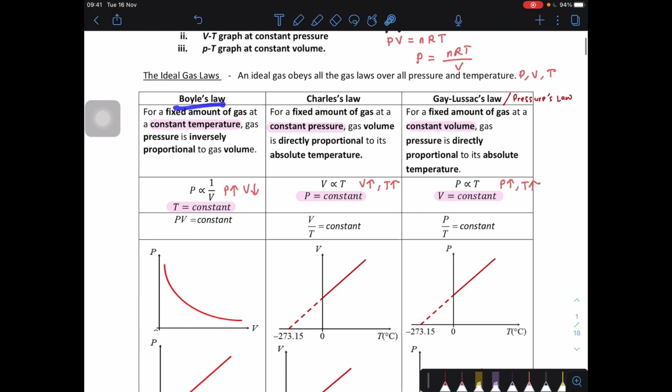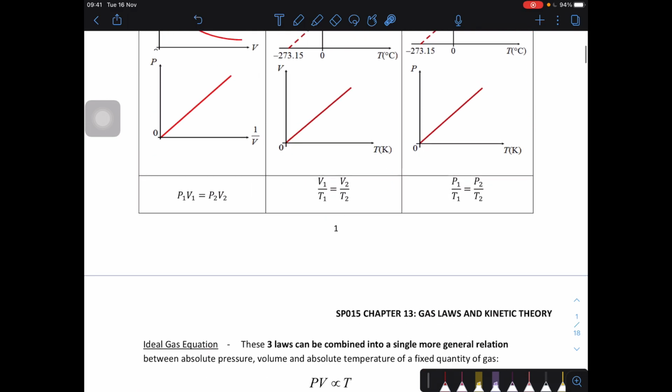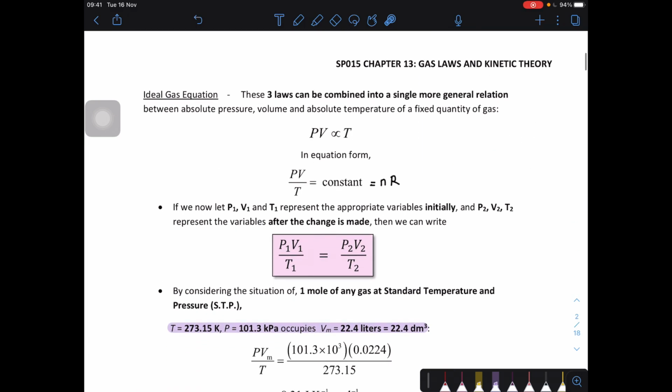So each of these law hanya ada satu quantity sahaja yang constant dan 2 quantity yang berubah. Okay, tetapi akan ada certain condition di mana ketiga-tiga quantity akan berubah. So meaning that here PV is equal to nRT. So ketiga-tiga ni akan berubah. Maksudnya yang constant hanyalah nR sahaja.